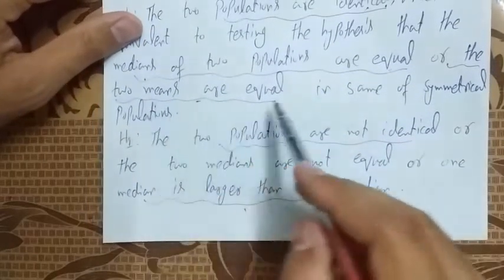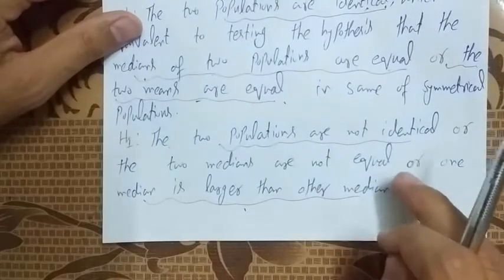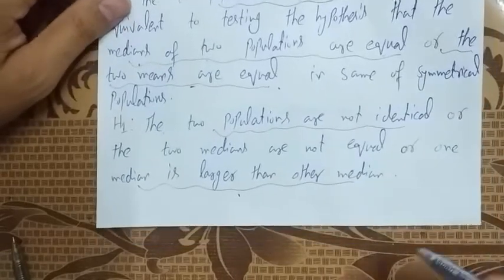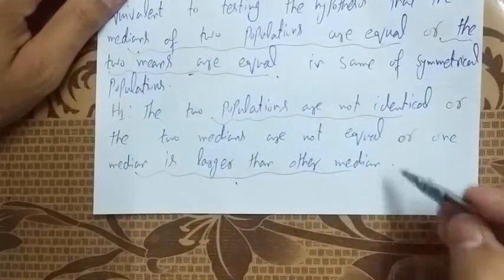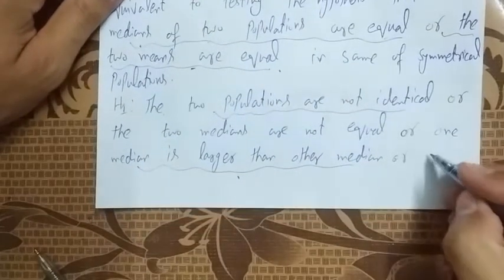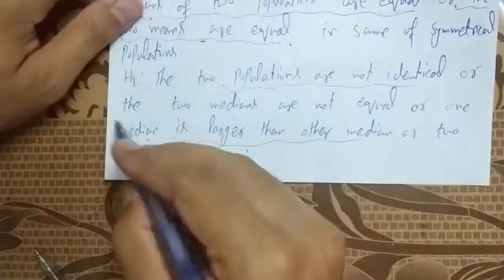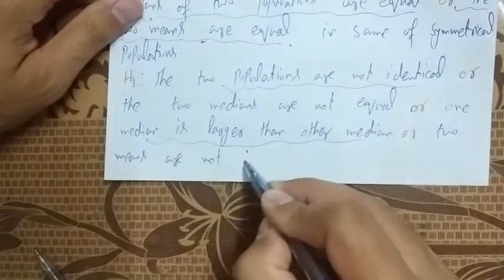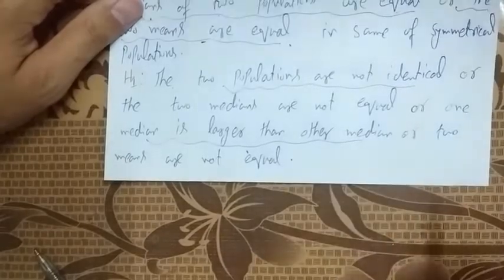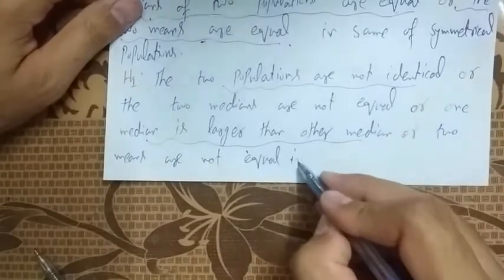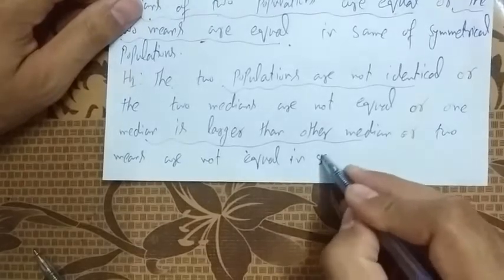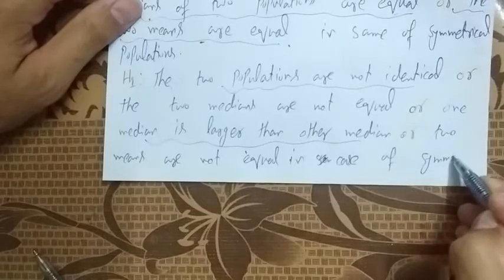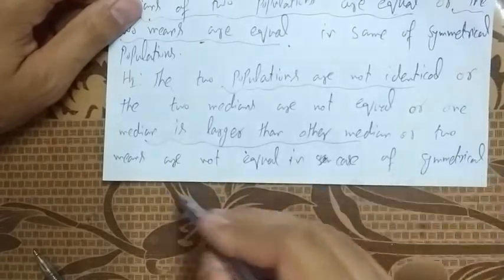And two means are equal, but in this case the two means are not equal, in case of symmetrical population.